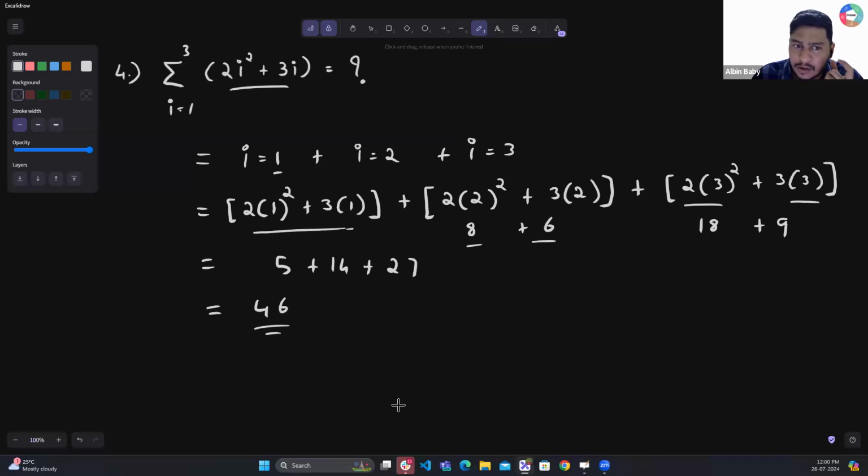That is 1 square into 2 plus 3 into 1, that is 5. 2 square, that is 4 into 2, that is 8. 3 into 2, that is 6. And 3 square, that is 9, into 2, that is 18. And 3 into 3, that is also 9. So 18 plus 9 will give you 27. 8 plus 6 will give you 14. The sum of it is 46.